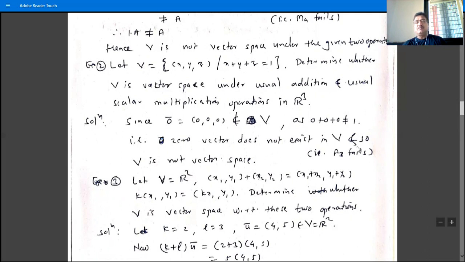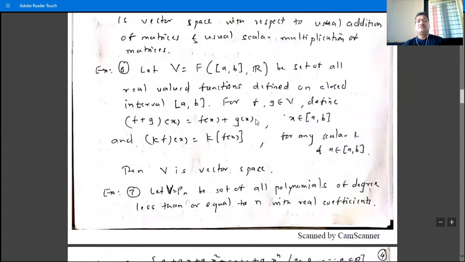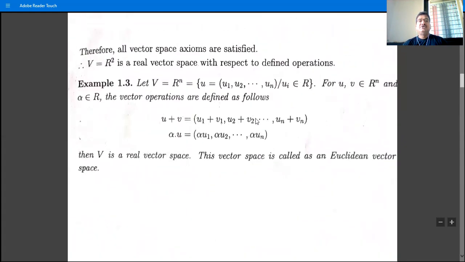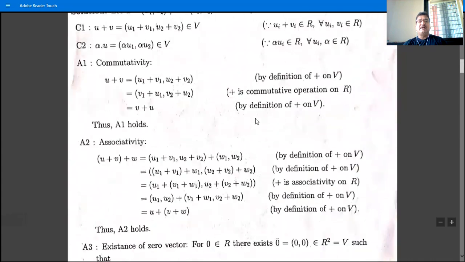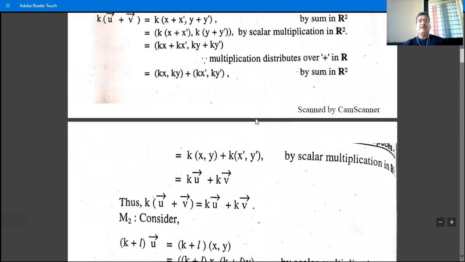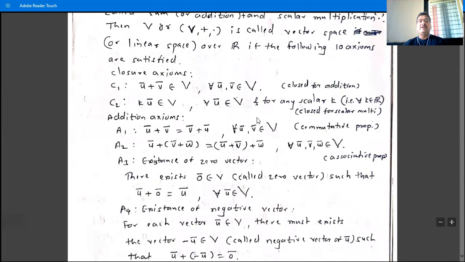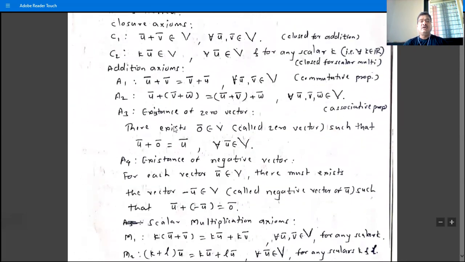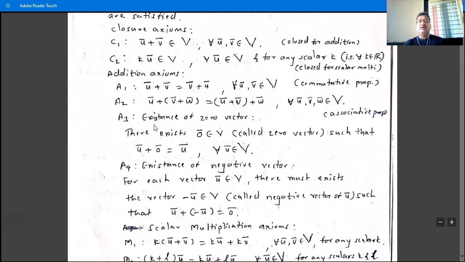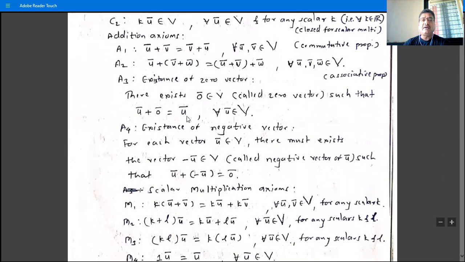So what is the property A3 of a vector space? By the definition of vector space, a zero element must exist in that set. What is the zero element? If we add that element to any element, we get the same element. So what is property A3? Existence of zero vector: there exists 0 bar in V, called the zero vector, such that u bar plus 0 bar is u bar.